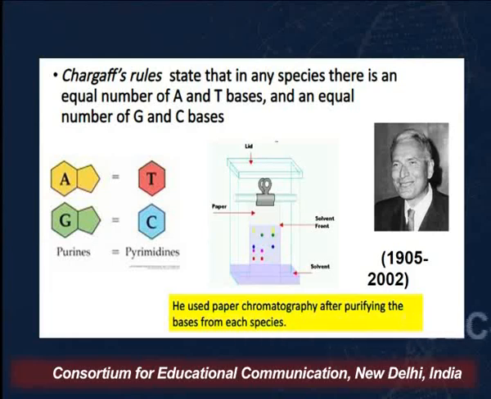So on your screens you can see that the number of adenines is equal to the number of thymines and the number of guanines is equal to the number of cytosines. That means the total number of purines is equal to pyrimidines.